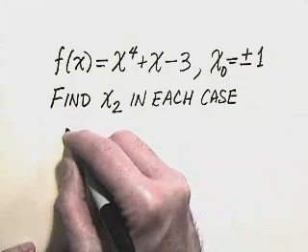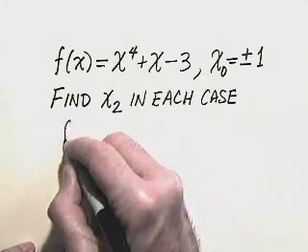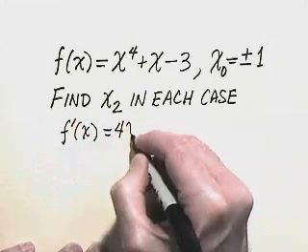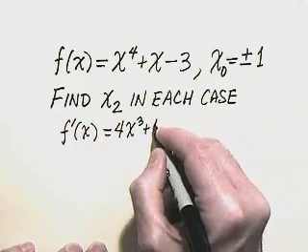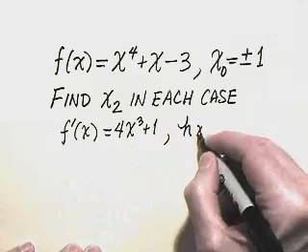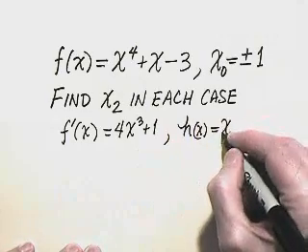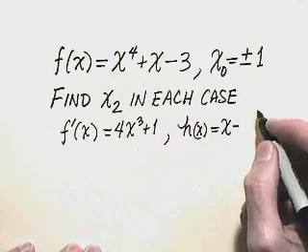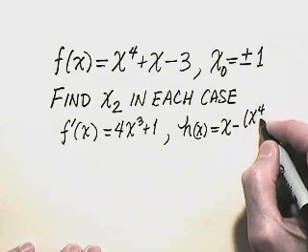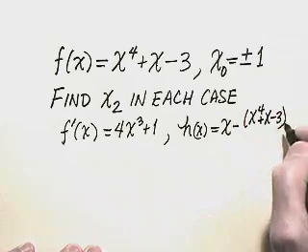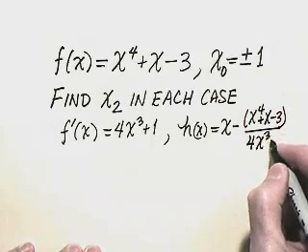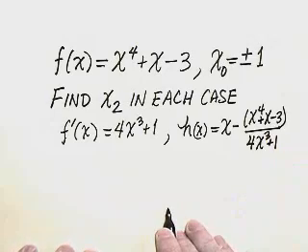So we begin by differentiating f of x. F prime of x is equal to 4x cubed plus 1. And so now I'm going to form h of x, which is equal to x minus the original function, which is, of course, x to the fourth plus x minus 3, all divided by the derivative 4x cubed plus 1.